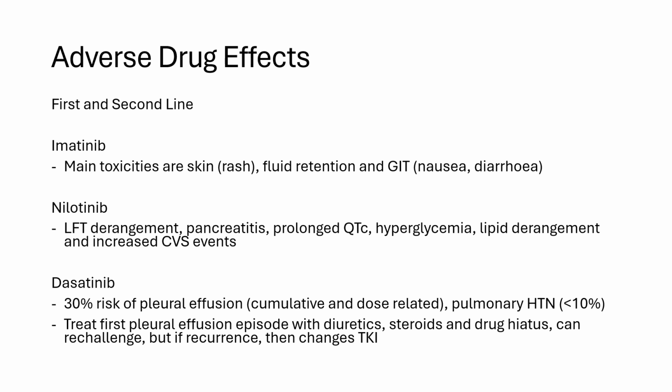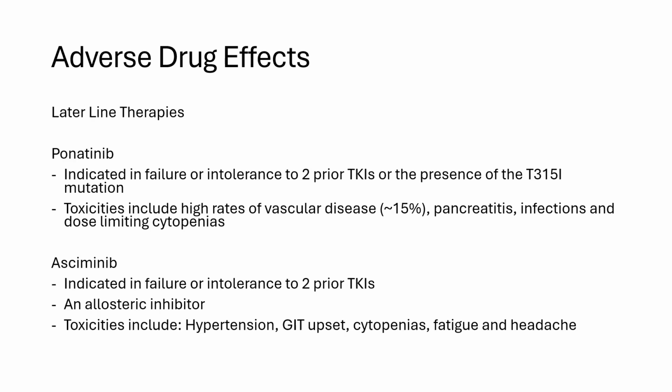And then nilotinib, you can see here the adverse drug effects, so LFT derangement, pancreatitis, prolonged QTc, etc. Some of these may not be appropriate if someone's got a history of heart and lung disease, so just keep that in mind. Later line therapies, ponatinib and asciminib, important to know because these two are indicated on the PBS in the presence of the T315I mutation.